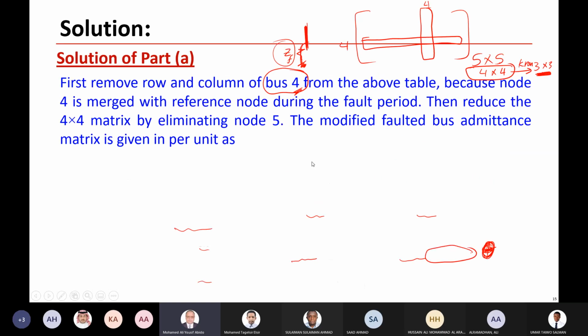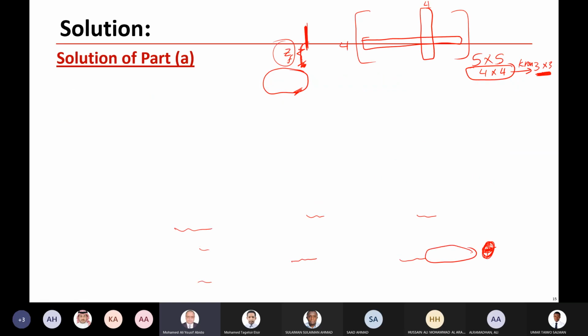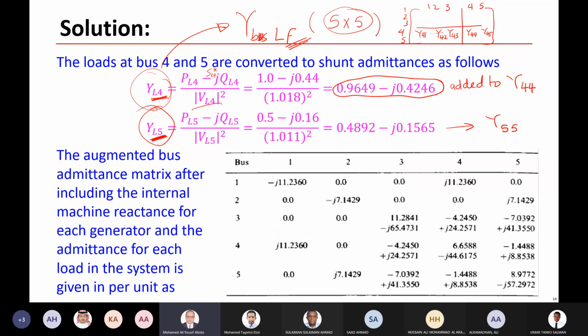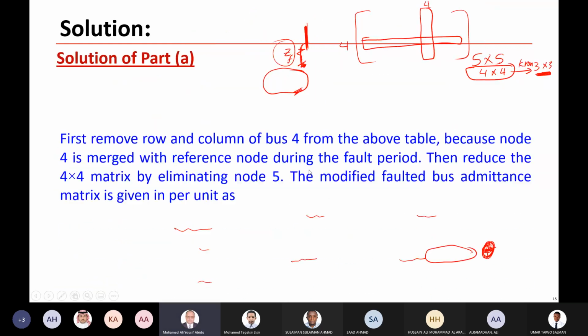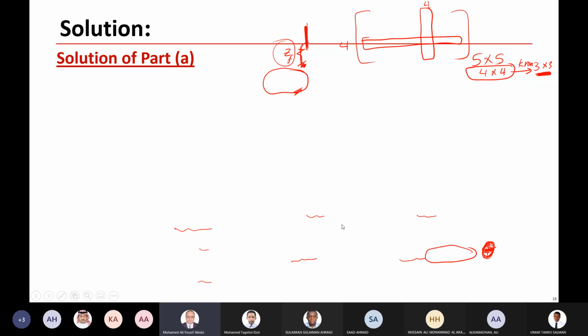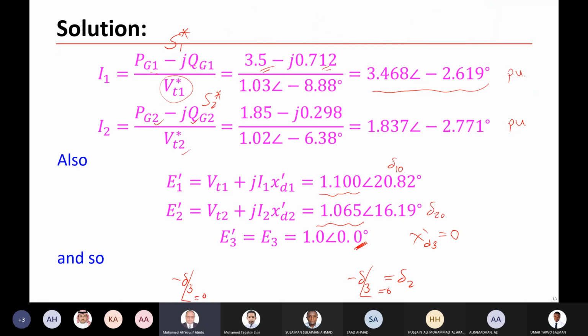If you look at the line data, and even the Y bus matrix, you have here resistance, so you have here a conductance. It is not pure 90 degrees. And this comes from the resistance of the transmission lines.